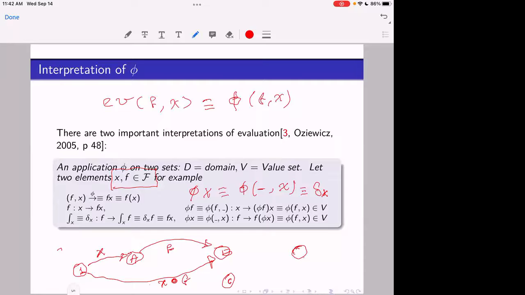Because we have only one kind of object, which are sets, and then we have morphisms here that are F, G, and in particular we have identity, for example.